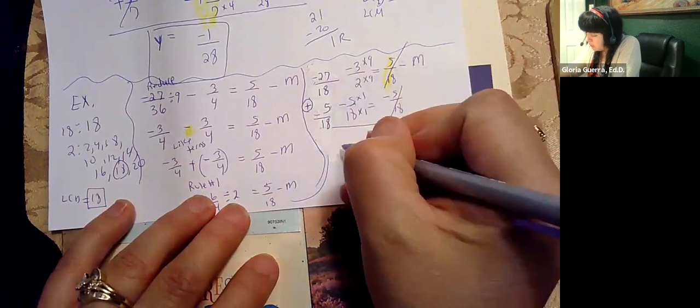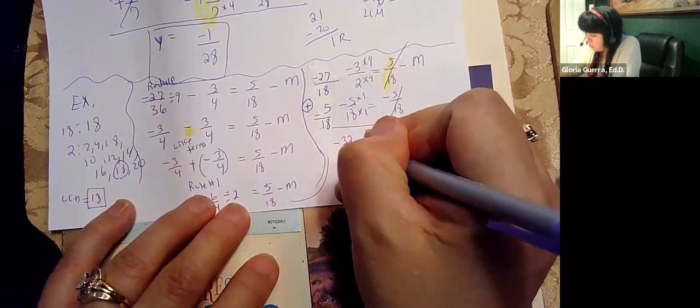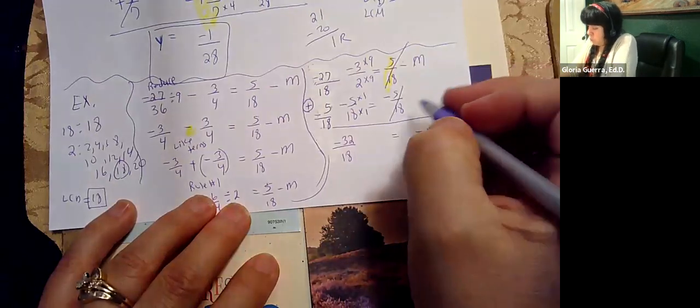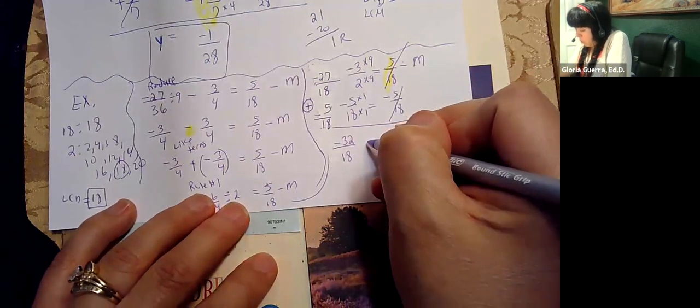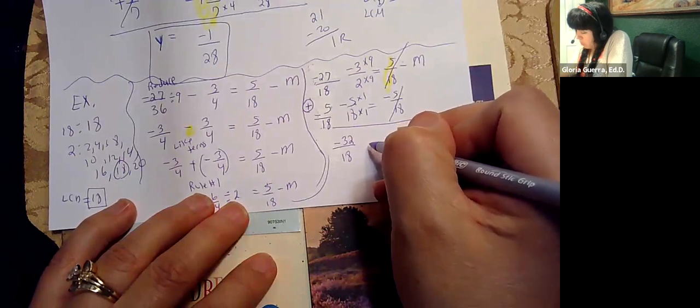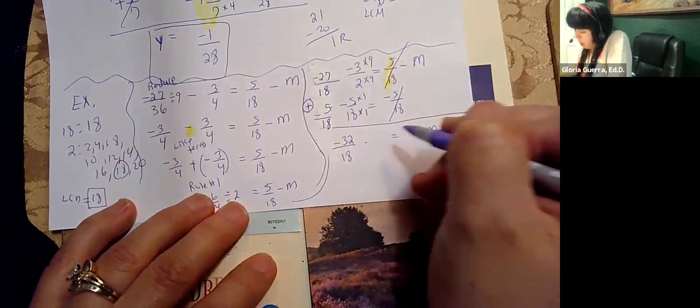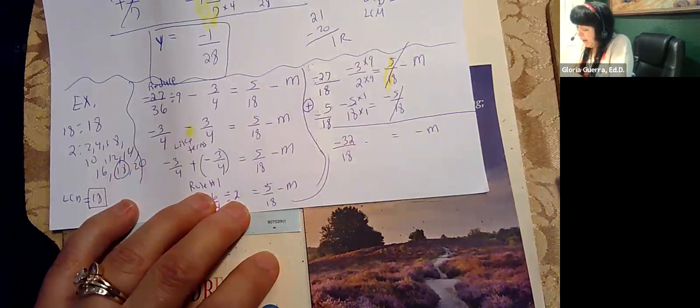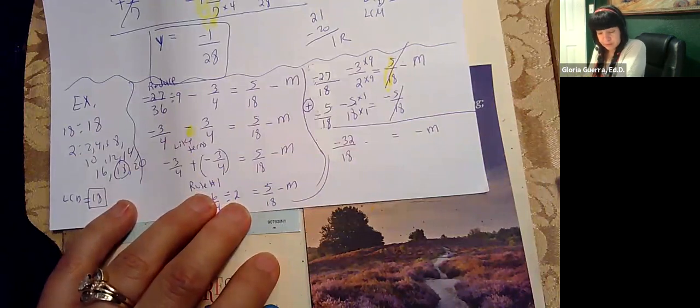So it looks like we have a -32 over 18. Okay. I think that's fine.